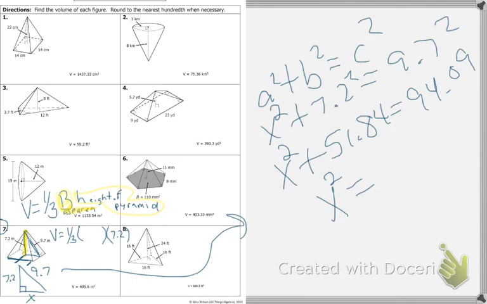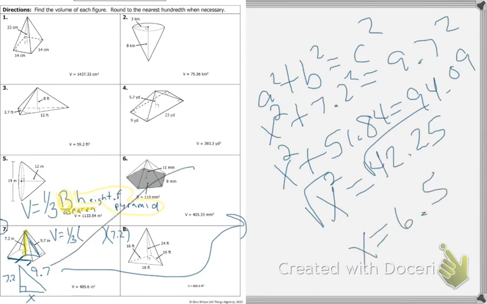We need to subtract, and then we need to square root both sides. X is 6.5.